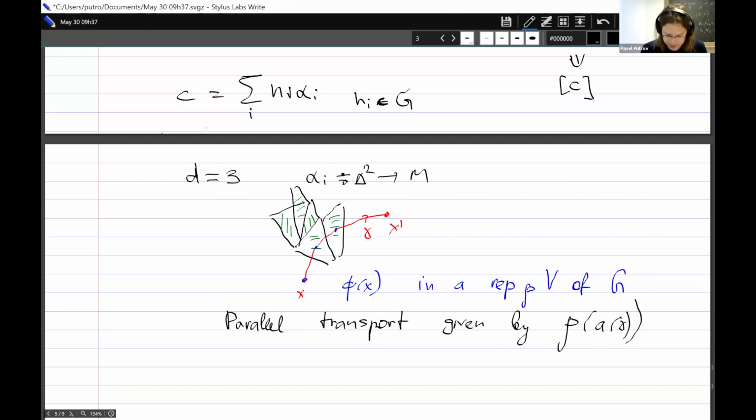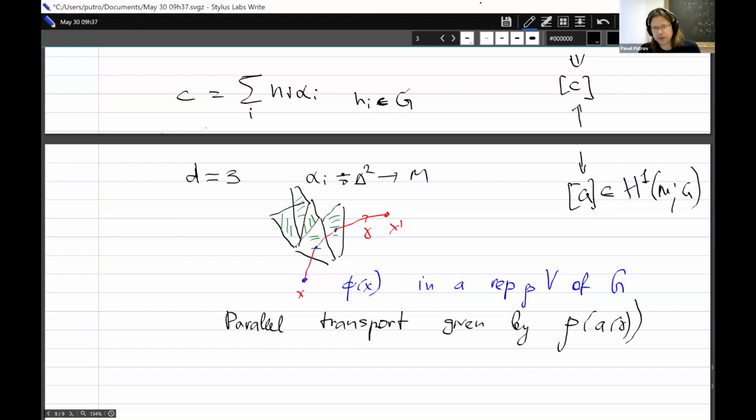So a represents a class in first cohomology, which is related by Poincare duality with this C. So a of gamma is what we use to replace this path-ordered exponent, the holonomy.